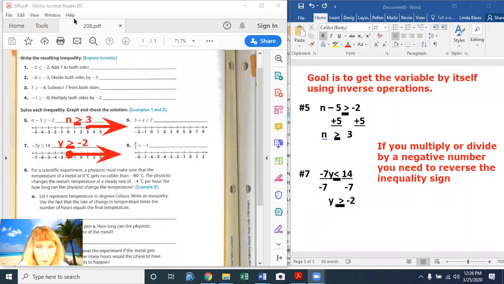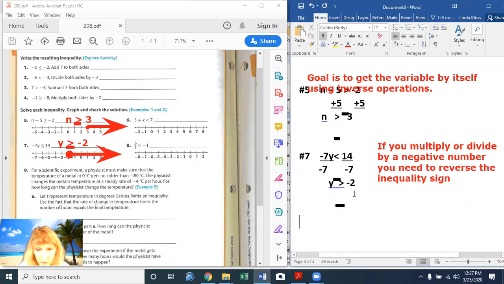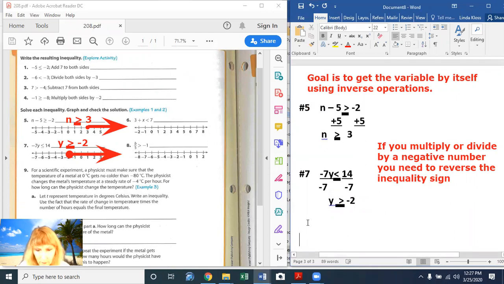Now, if I wanted to check, I'm not going to check all of them right now, but you can do this at home. I am going to check number 7 and see if we did it right. So if I check it, I'm going to plug in a number that is greater than -2 and see if I get a true statement. So -7y originally was less than or equal to 14.